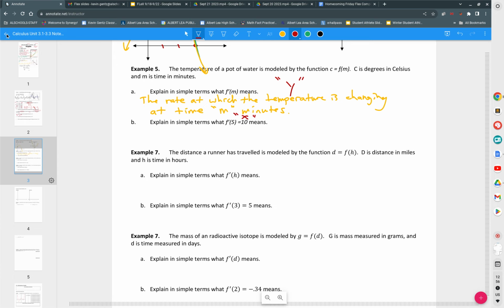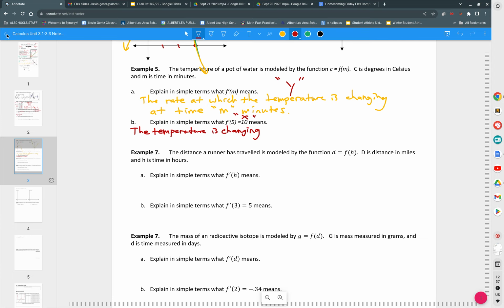So let's interpret it then in terms of f prime of 5 is equal to 10. What that means is the temperature is changing, what's the measurement for the temperature at which it's changing?